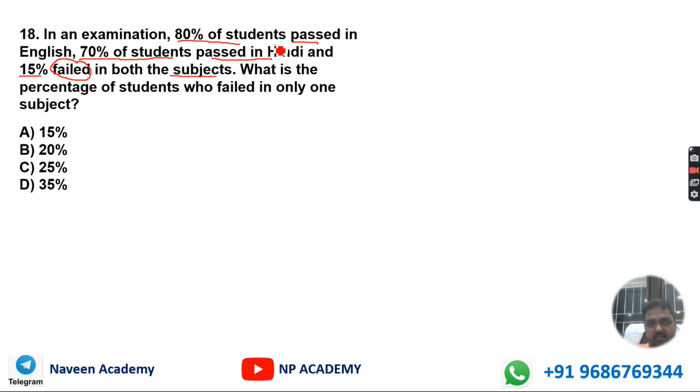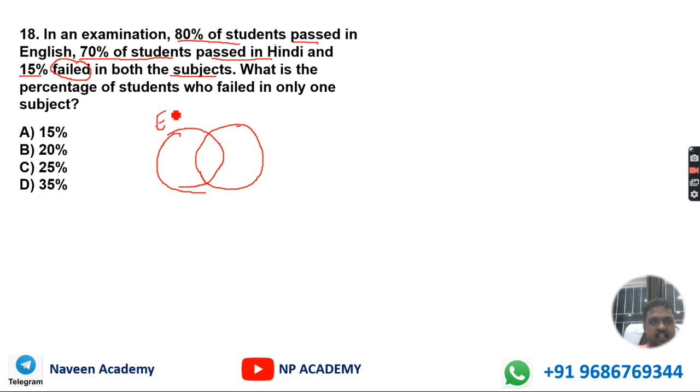See, first they given passed, then they given failed. So to solve this problem, everybody, we will use Venn diagram. Okay, so we will use Venn diagram, my dear friends.